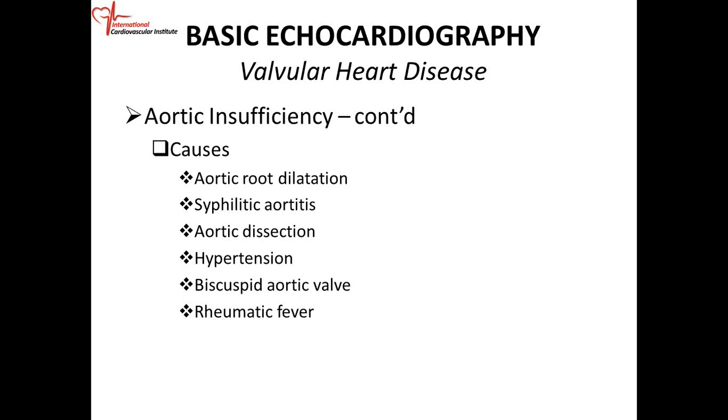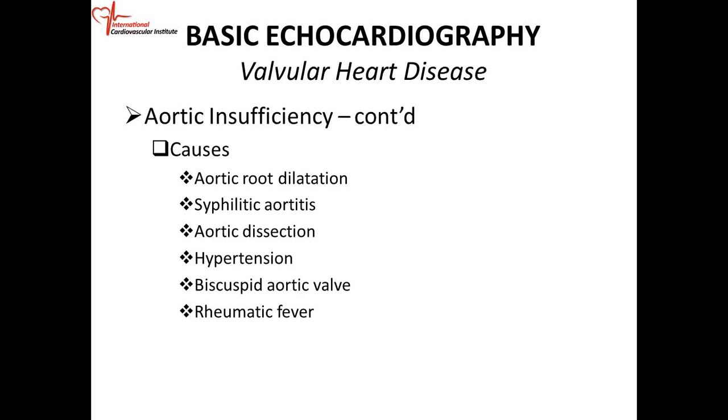So that's also a cause for aortic insufficiency. Hypertension: there's increased afterload, the valve doesn't coapt properly, and then there's a backflow of blood. Bicuspid aortic valves can not only cause aortic stenosis, but also aortic insufficiency. And then we have a condition we call mixed.